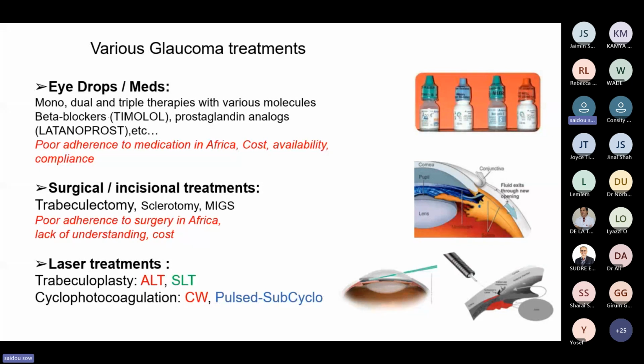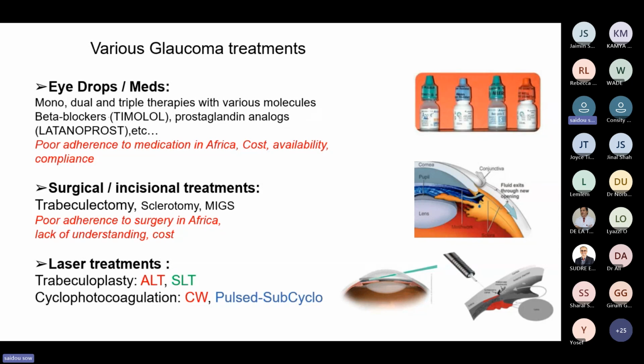But in Africa, we are facing poor adherence to medication and compliance with our patients. Sometimes the cost and the availability of some products can be very challenging in some areas. We have surgery, which can be trabeculectomy or sclerotomy, but there is also poor adherence to surgery in Africa, maybe due to a lack of understanding or the cost of the surgery.